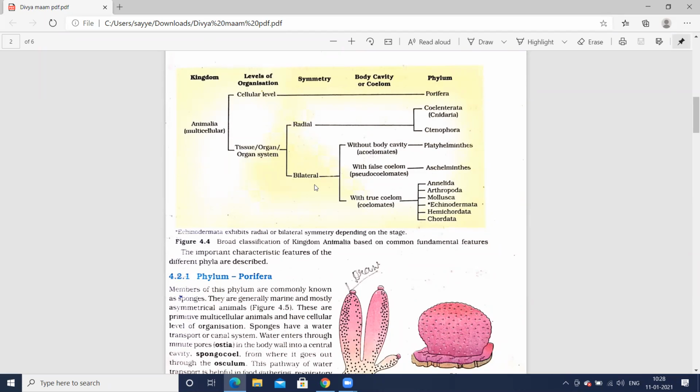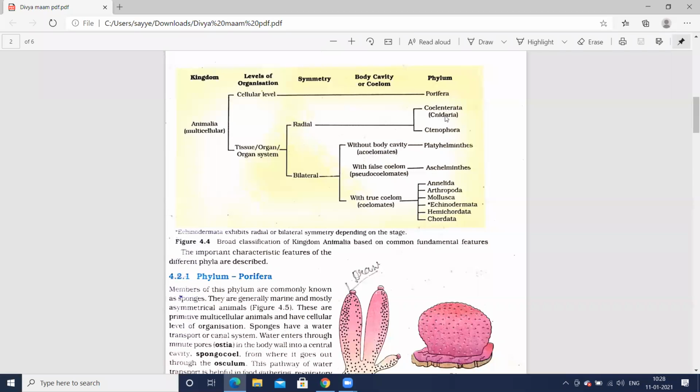However, with bilateral symmetry, they may be acoelomates, pseudocoelomates, or coelomates. So this is the easiest way of classifying. Cellular level, it is porifera only. Then higher level, we can further divide them on the basis of radial and bilateral symmetry. Radial, we've got coelenterates and ctenophoras.